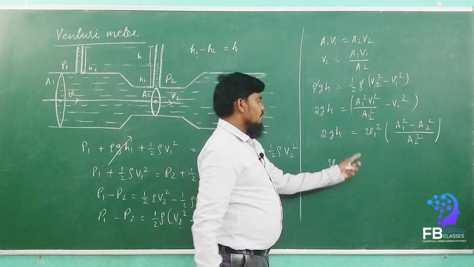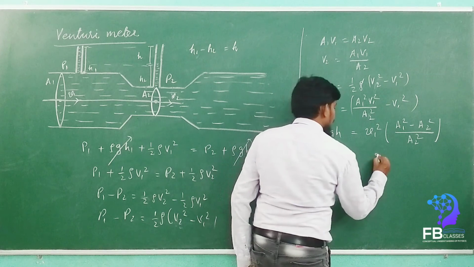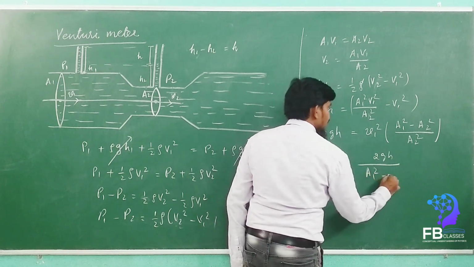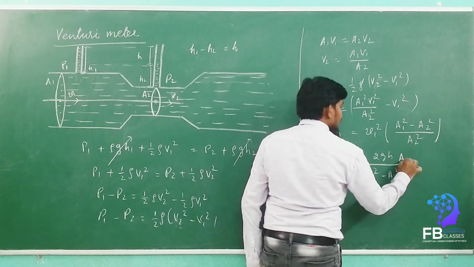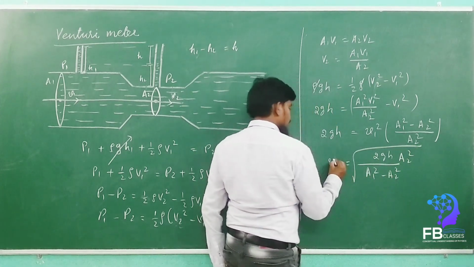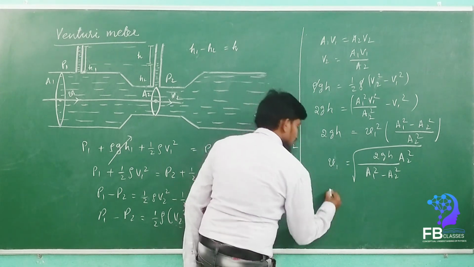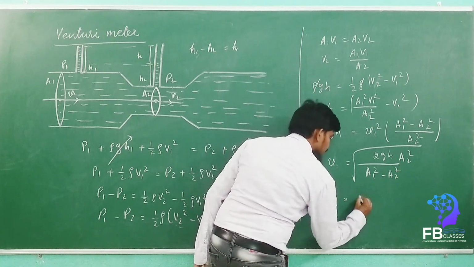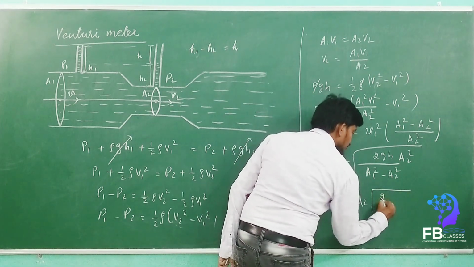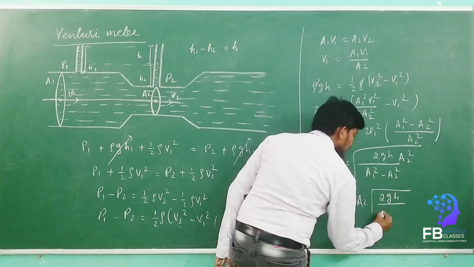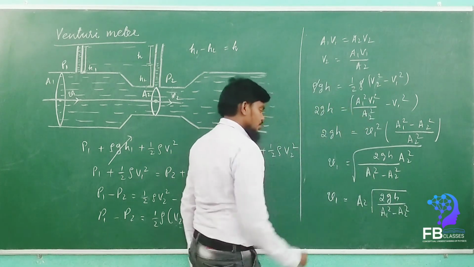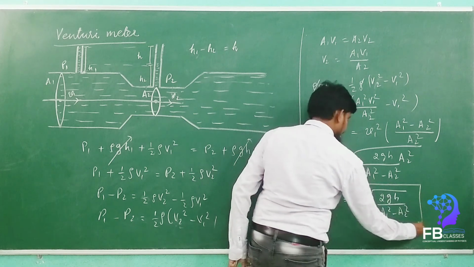See here, V1 square is equal to 2GH upon A1 square minus A2 square. So if you want V1, take the root directly. Got it? So V1 is equal to A2 root of 2GH upon A1 square minus A2 square. Got it? So this is the V1 value.